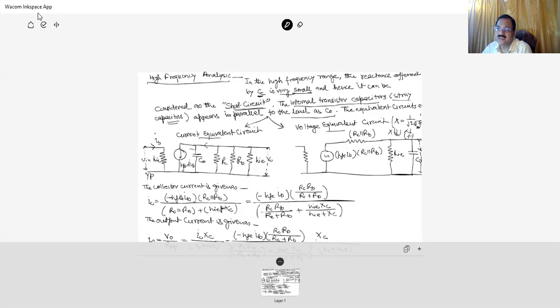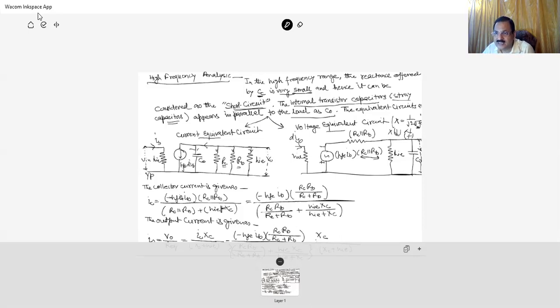These are the currents, and in this case also RC and RB, these two are in parallel combination, as in the case of the voltage. This is HIE and here it is IB, the base current. In the voltage equivalent circuit, this is the plus sign, this is the minus, HIE, and this is CCA.